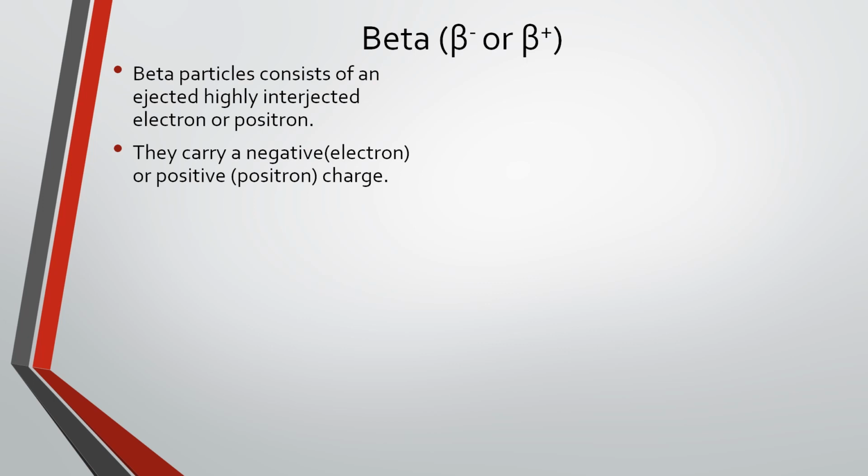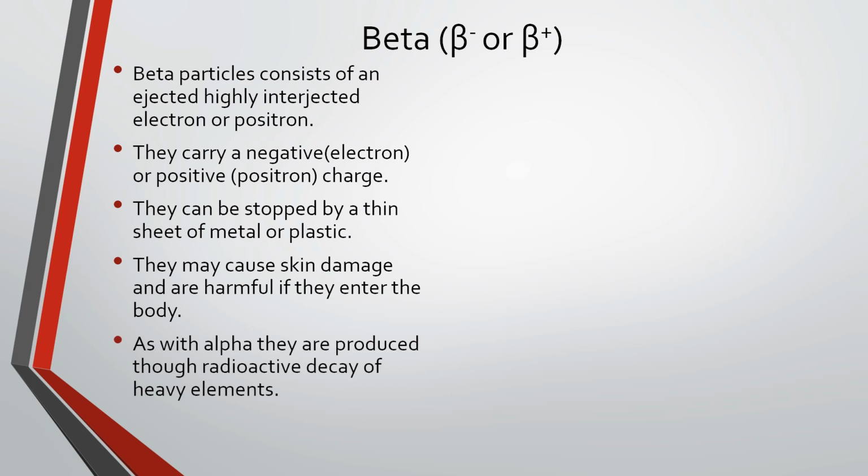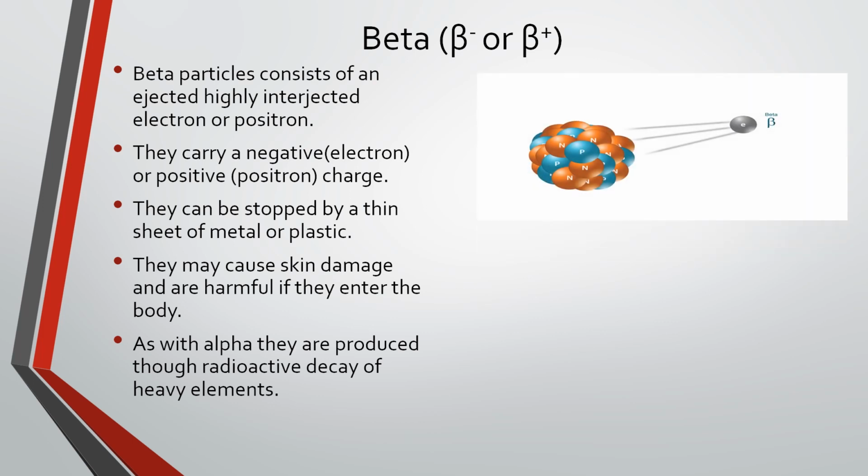So it can be negative or positive. They can be stopped by a thin sheet of metal or plastic. They can cause skin damage and are harmful if they enter the body. As with the alpha, they are produced through radioactive decay of heavy elements. This is a picture of the beta particle, released from a heavy nucleus.